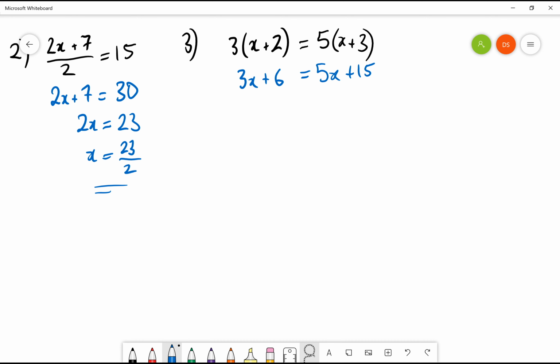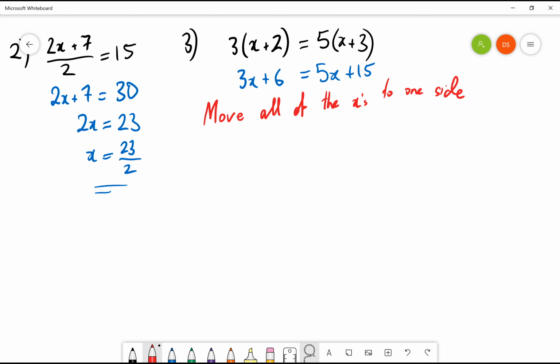And now what do I have to do? I've got to move all of the x's to one side, right? And so my aim is to move all the x's to one side, so I'm going to move the 5x.